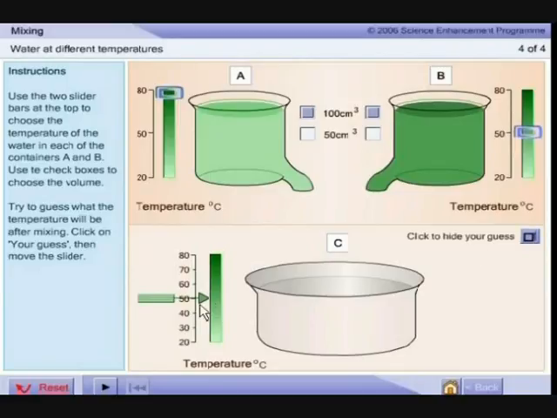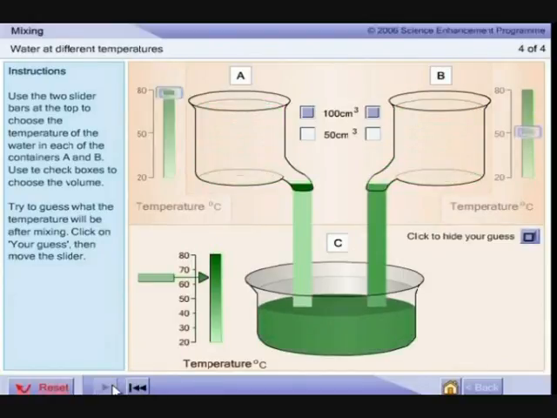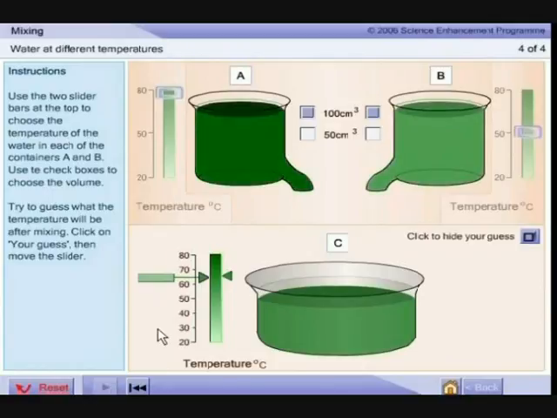So I'm going to put it in the middle between 80 and 50. I'm going to try and put it about 65. Let's try that. 65. Yeah, could be up a little bit, but it is 65. Okay, give yourself a mark if you got 65.